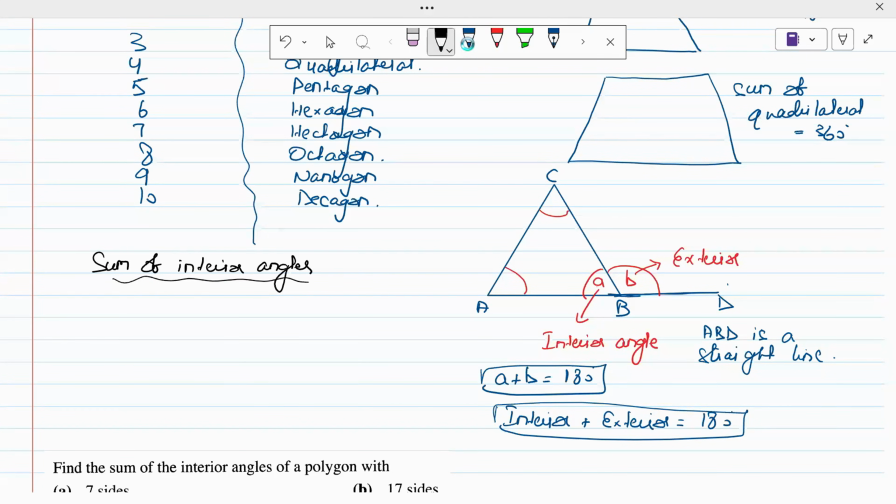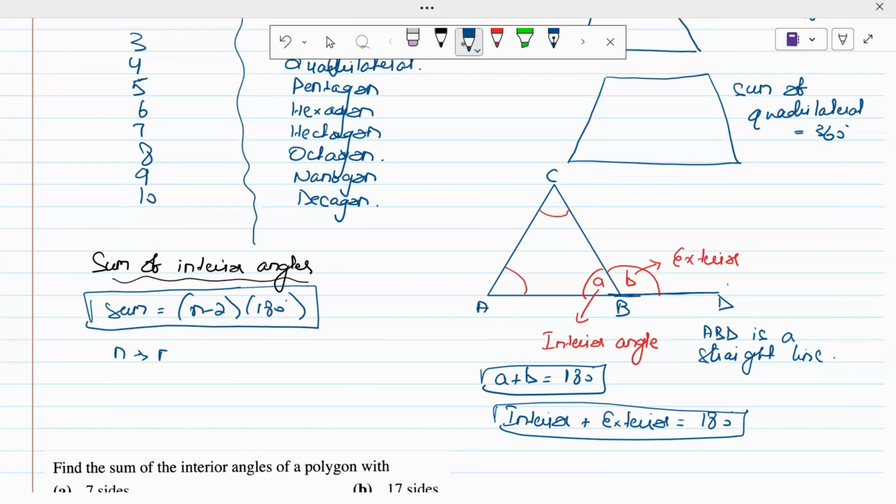So for a polygon, the formula for the sum of interior angles is (n minus 2) into 180, where n represents the number of sides.